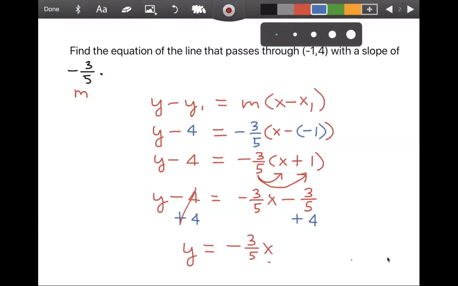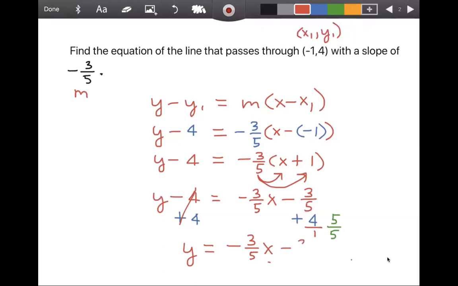So think of this 4 as 4 over 1, and then multiply the top and the bottom by 5. So what that'll give me is my original negative 3/5, but then I'm renaming 4 as 20 over 5.